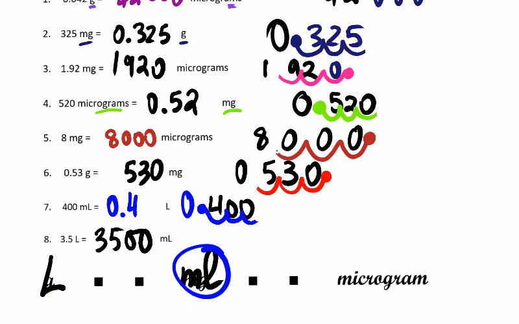We are going to the right 3 decimal places, so from 3.5, 1, 2, 3 places to the right, fill the gaps there with zeros. Your point is now at the end. And as we say, we don't need to show the point if it's a whole number.